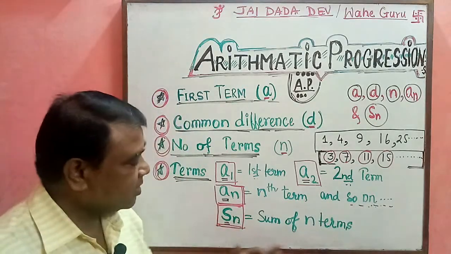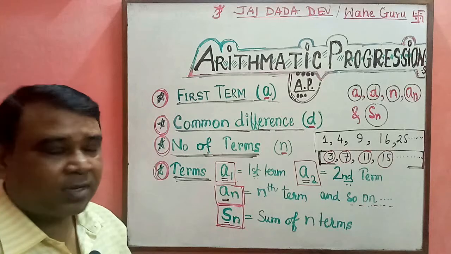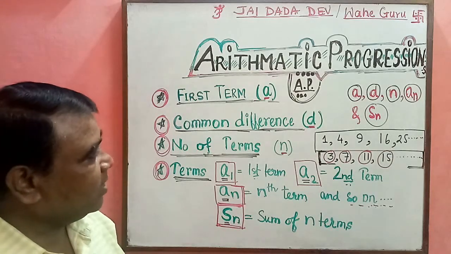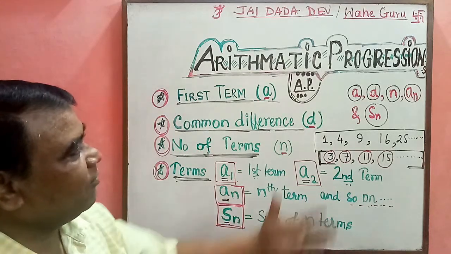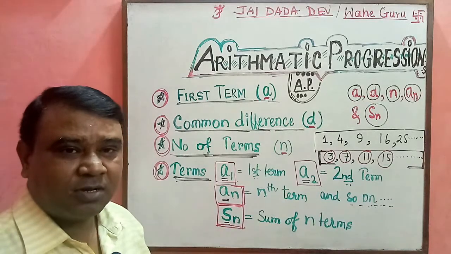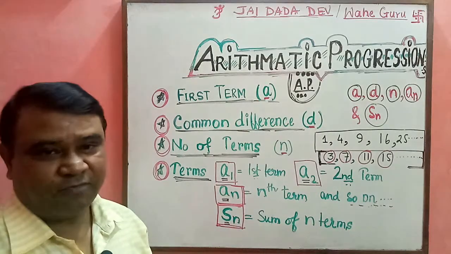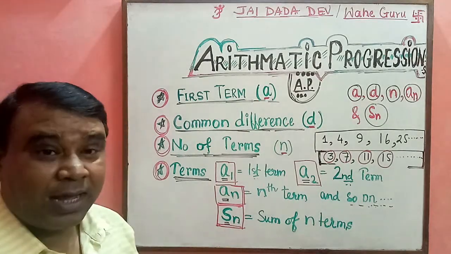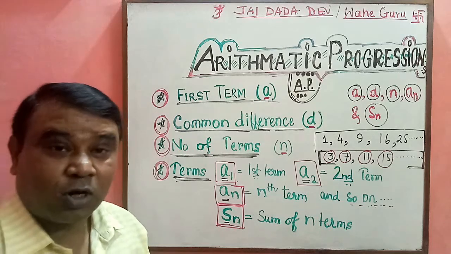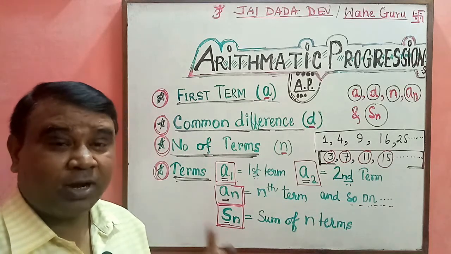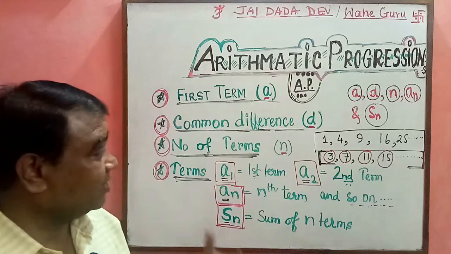Likewise, Sn is the sum of n terms. We will have fun with all these 5 variables: first term, common difference, number of terms, nth term, or 10th term, sum of n terms, or sum of 20 terms, like this.